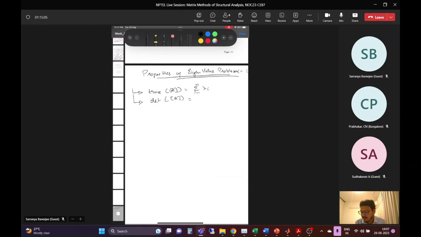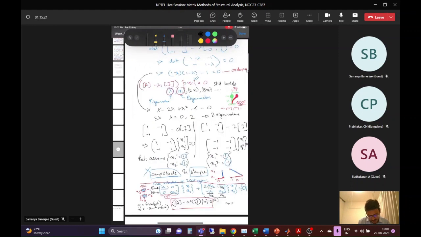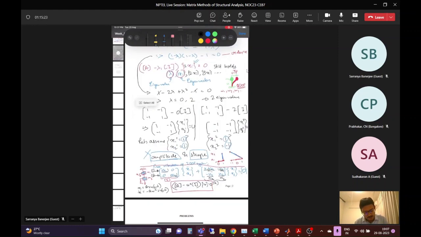Next is the determinant of the matrix A, which will give you the product of the eigenvalues. Very interesting property, quickly relatable. We had the eigenvalues here 0 and 2. Why is it 0 and 2?